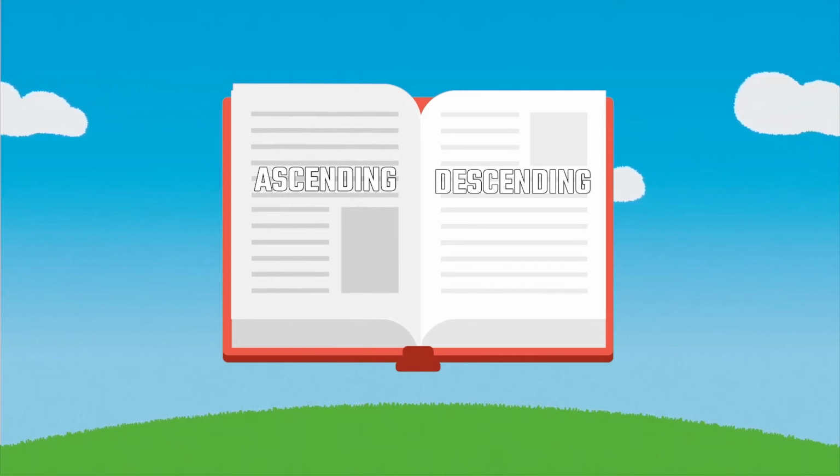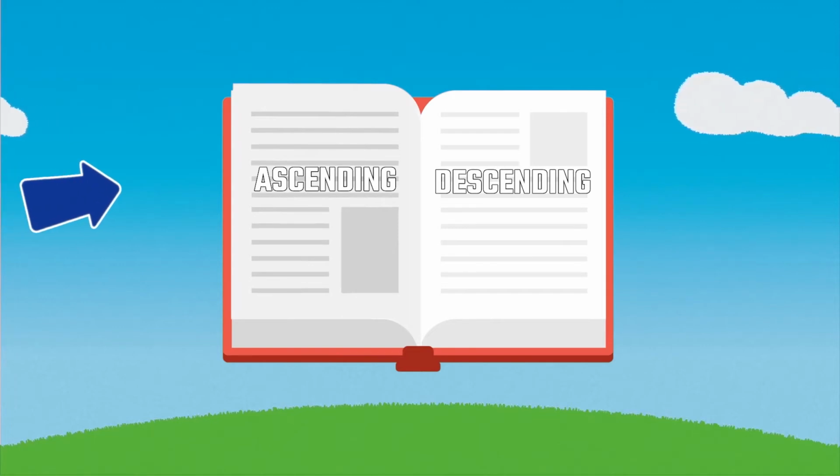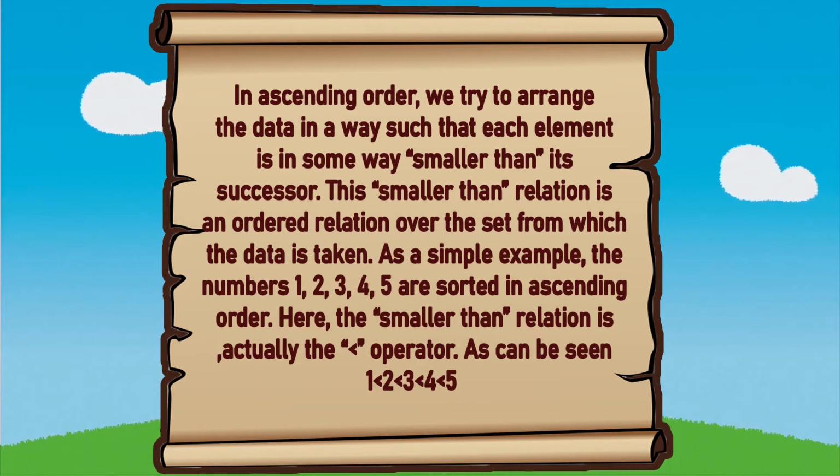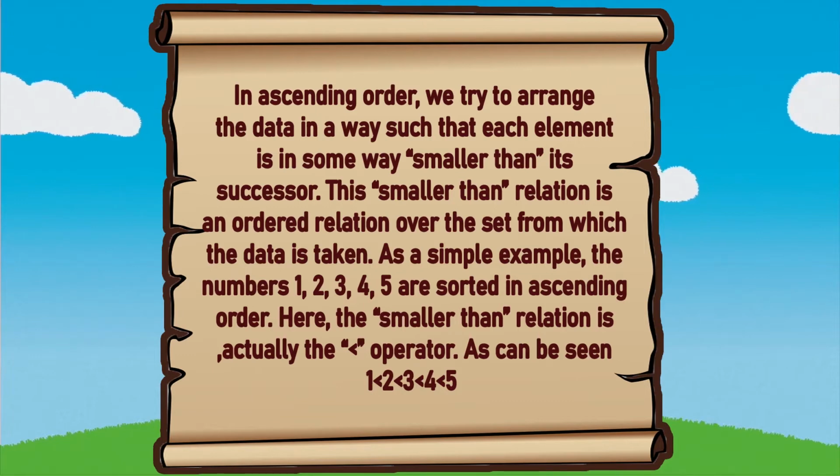Ooh, what happens in ascending bubble sort? In ascending order, we try to arrange the data in a way such that each element is in some way smaller than its successor. This smaller than relation is an ordered relation over the set from which the data is taken. As a simple example, the numbers 1, 2, 3, 4, 5 are sorted in ascending order.